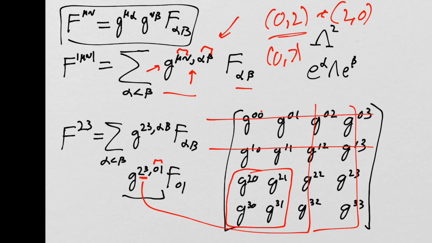So raising and lowering indices in the strict basis is much more of a chore than this, right? I was able to expand that out without any trouble. This one, if you were actually going to put these terms in here, you have to think about it. You have to form determinants and all that. But that's all an artifact of the fact that we're using a basis in the second exterior power.